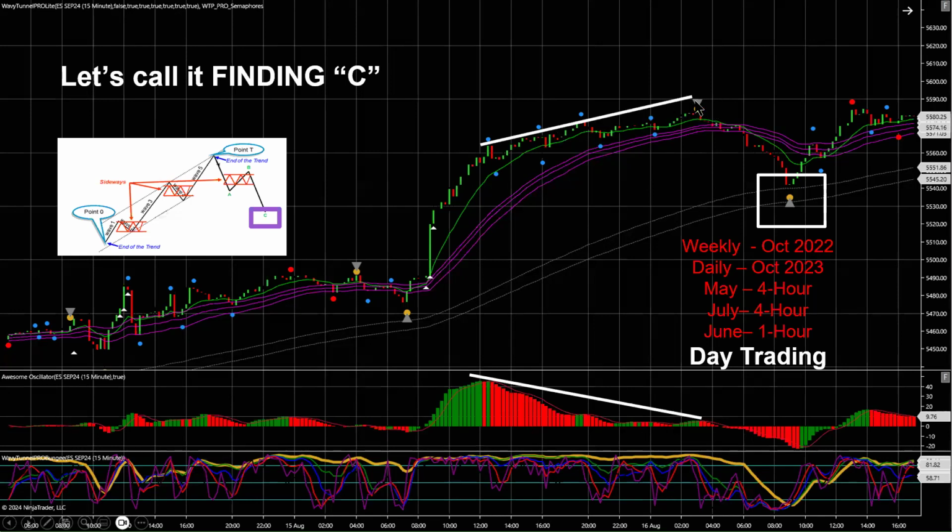And we can call that a wave 5. So you have divergence between the peak in the awesome oscillator for the wave 3 and the lower high in the awesome oscillator for the wave 5. That's how I count the waves. And then when you have your deep correction down into the tunnel, that's when I start to look at if I want to go long.